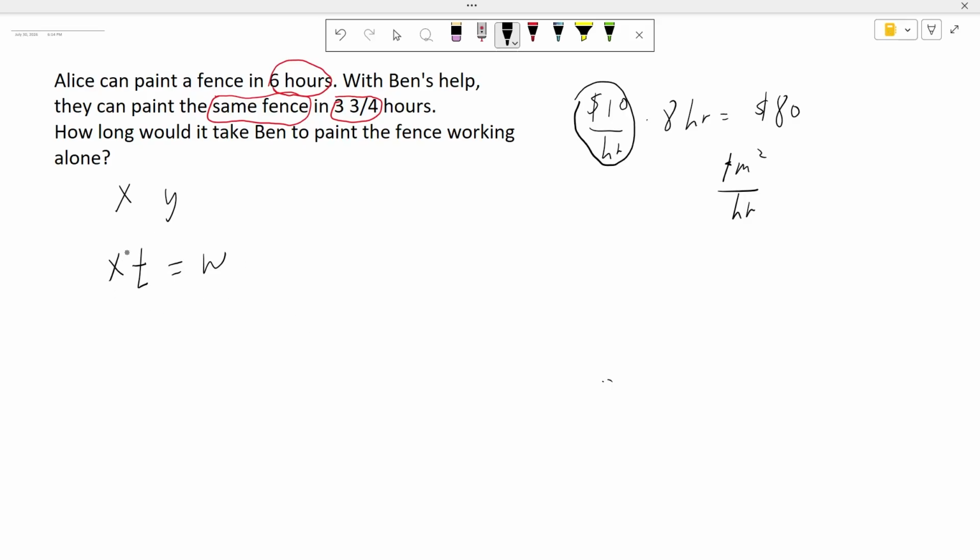This is a general concept, right? This work would represent the whole fence being painted, but we're not going to specify exact units here, or even for X. That was just an example.